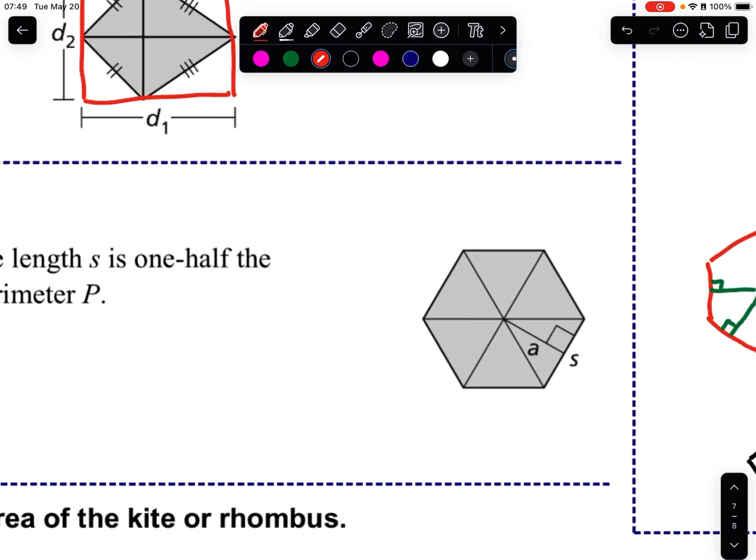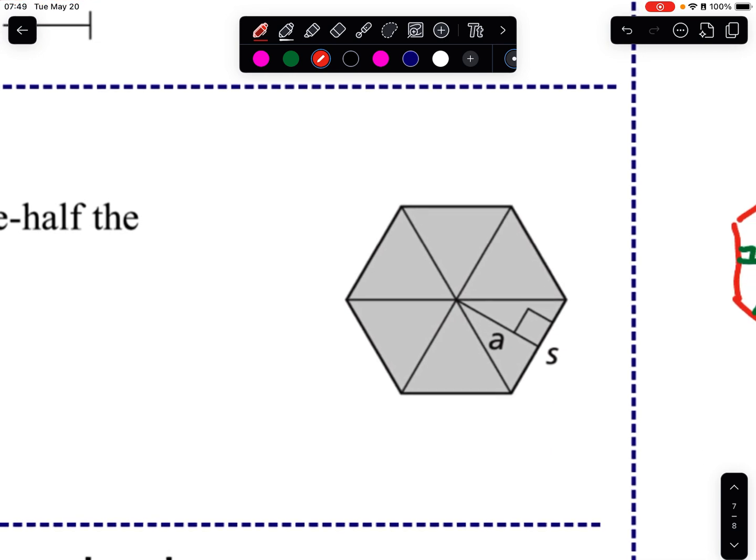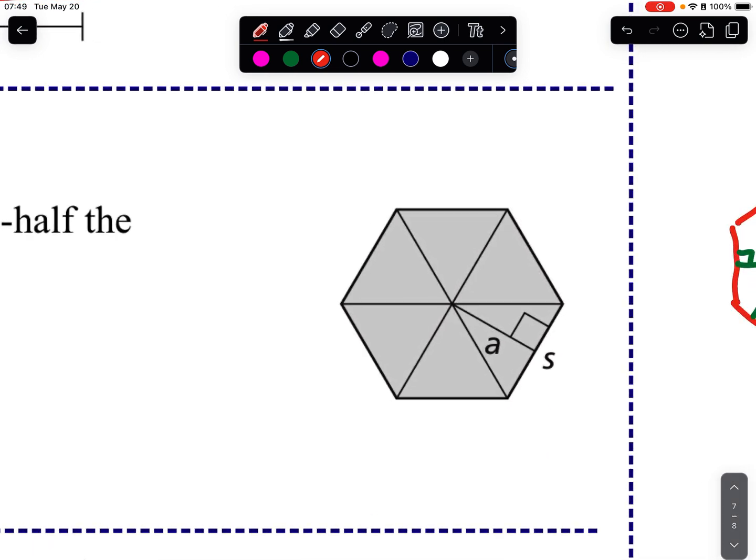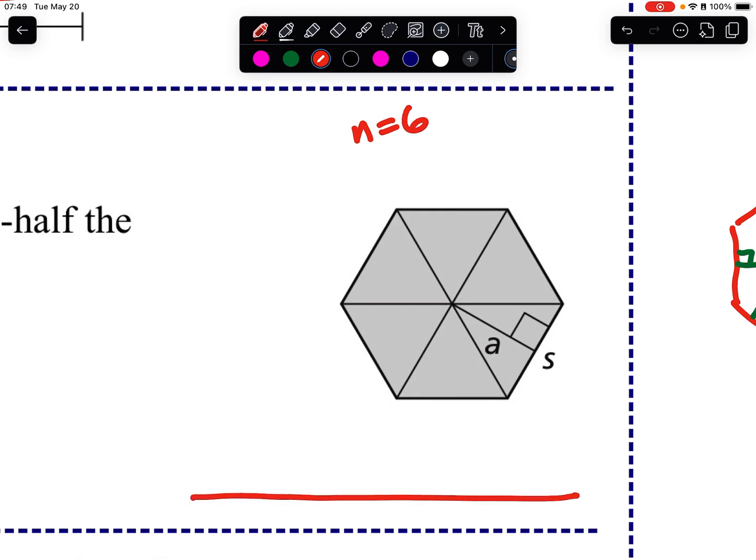Okay? Second of all, how do I find the area of something with more than 4 sides? Here, instead of 4, we have 6 sides, aka a hexagon. The first thing that we should observe is that in a hexagon, if I take my central angles, I end up with 6 triangles that are all identical.